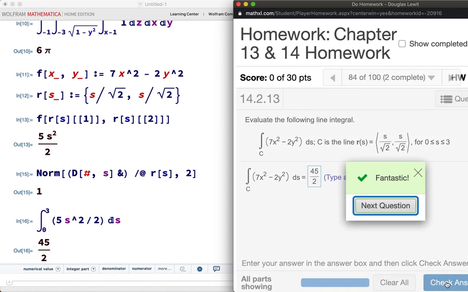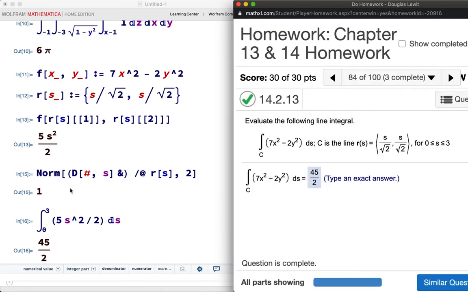So this was kind of an easy line integral. The reason it was easy was because the norm, or the magnitude, of my tangent vector, I believe this is called, was simply 1.